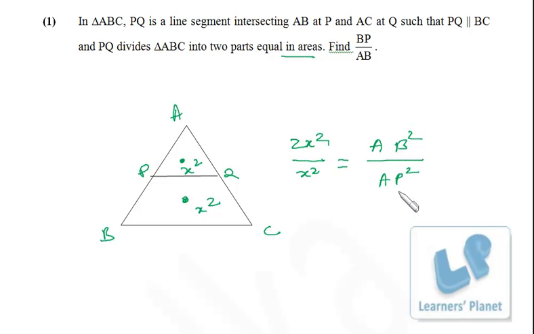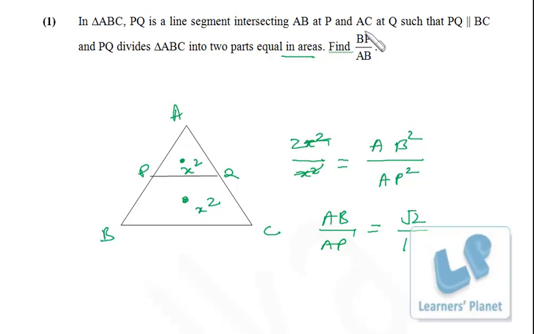So AB square by AP square is 2x square by x square. That means AB by AP is equal to root 2 by 1.